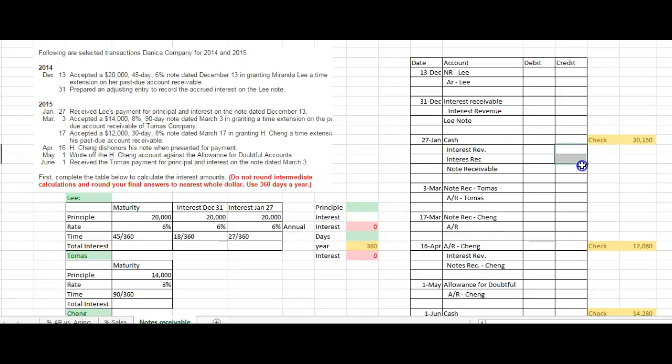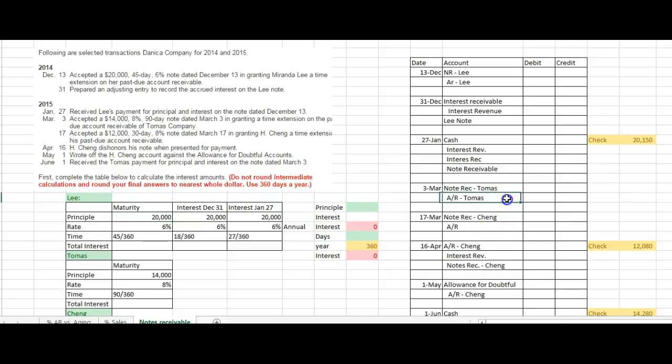These three right here should add up to $20,150. So this accounts receivable comes from here. This interest revenue comes from here. The note receivable is the principal amount of $20,000. And that should get you going on that.